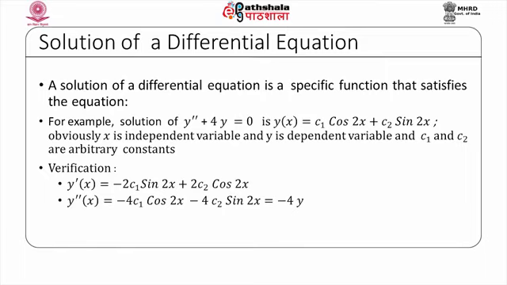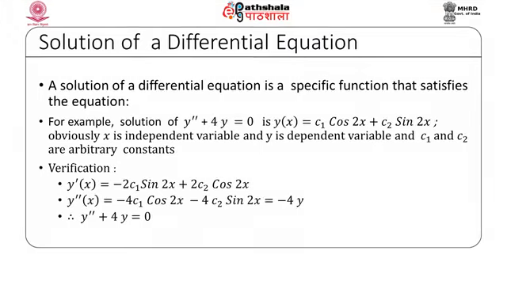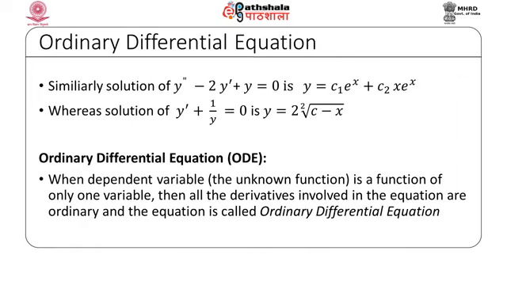Taking minus 4 common, inside the bracket we are left with c1 cos 2x plus c2 sin 2x, that is y(x). So, y double dash is minus 4y; taking minus 4y to the left side gives y double dash plus 4y equal to 0. So, verification that a particular function is a solution of a differential equation is very easy. Just differentiate and see that those derivatives satisfy the differential equation.